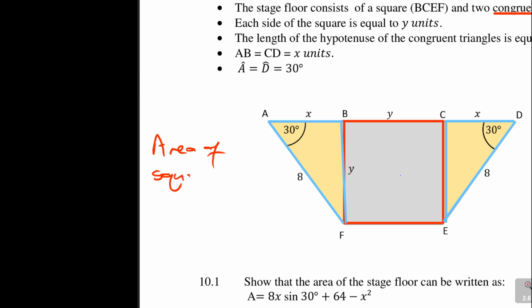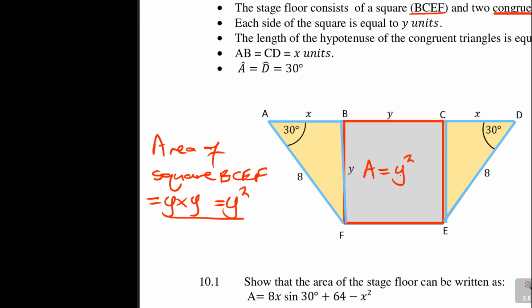What is the square? Area of square. They told us the square is BCEF. Remember, it's y times y, which is equal to y squared. So here the area is equal to y squared.